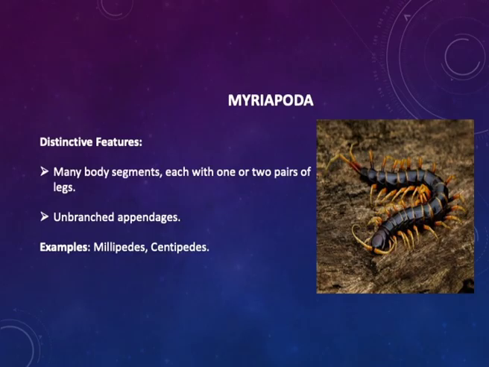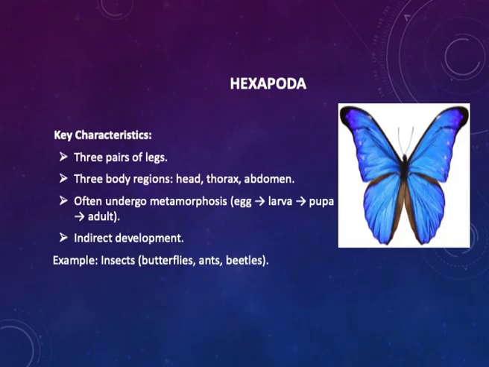Now coming to Myriapoda. What are the characteristic features of Myriapoda? Their body has many segments and each segment has one or two pairs of legs, and they have unbranched appendages. The next class is Hexapoda, in which the key character is 3 pairs of legs.